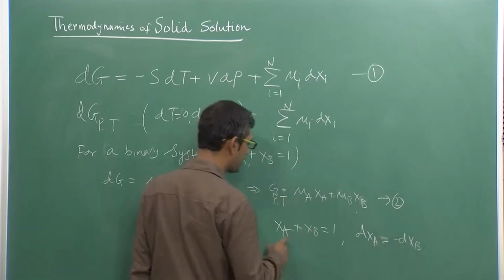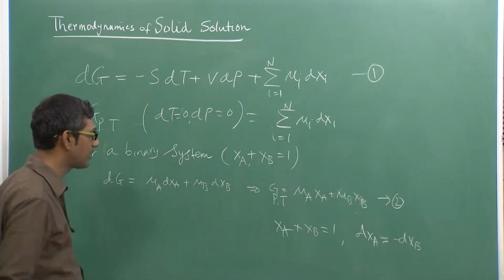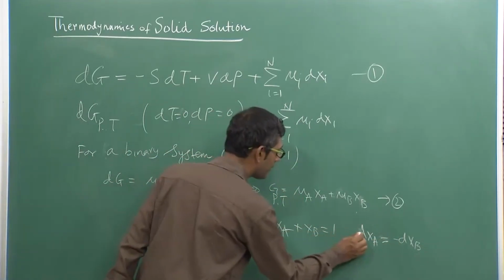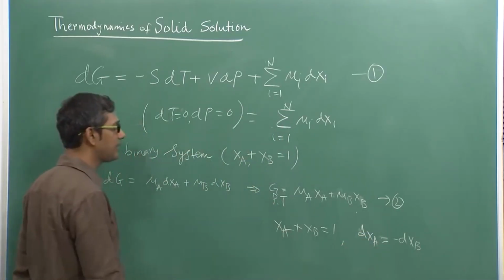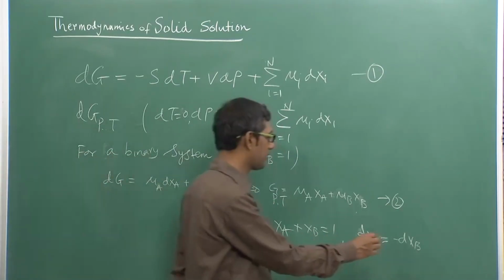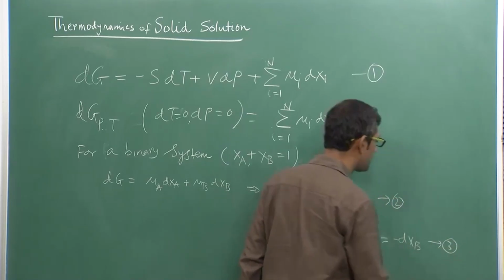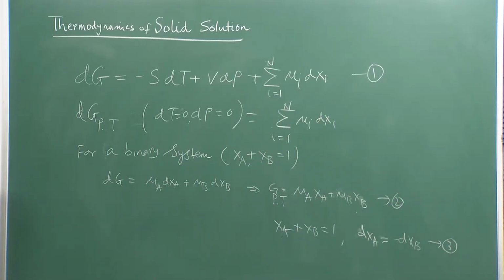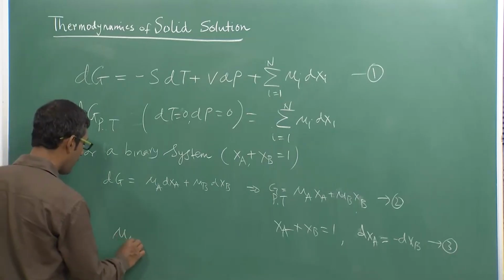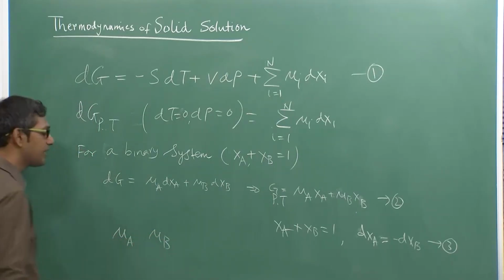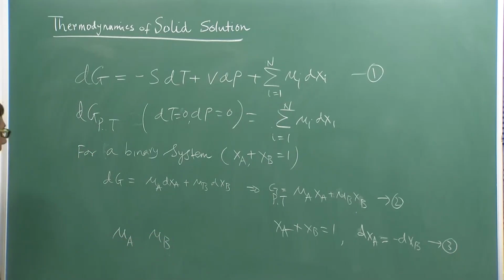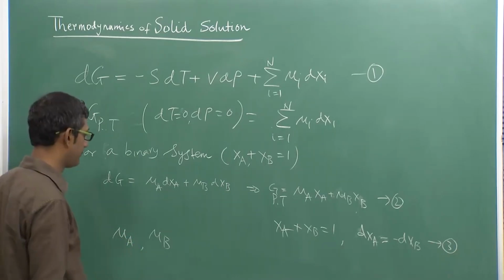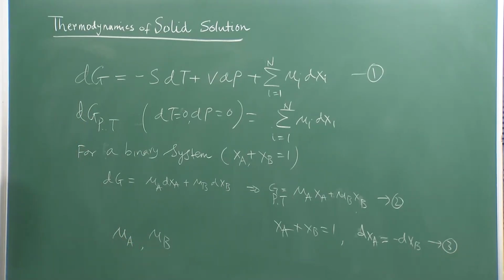We can use these 3 equations to arrive at the result that mu A and mu B can be easily derived as tangents to the free energy curve. I leave it to you to derive it, because I have given you the equations. You can do it as part of the homework in the course.